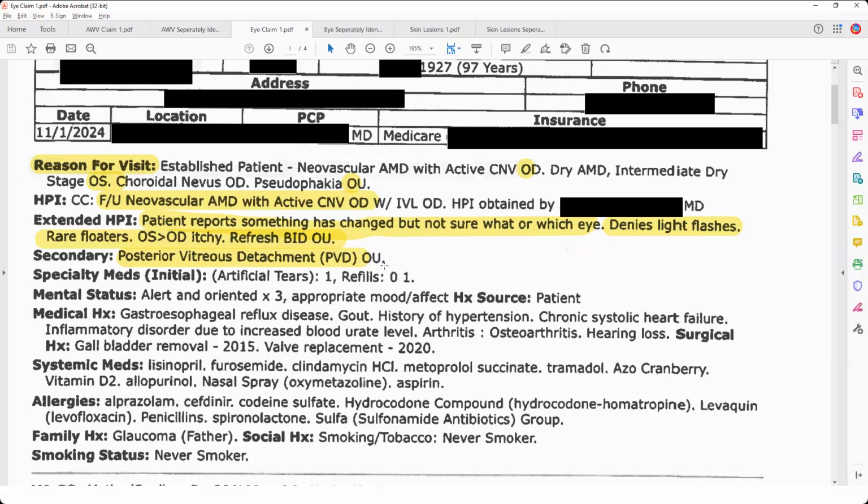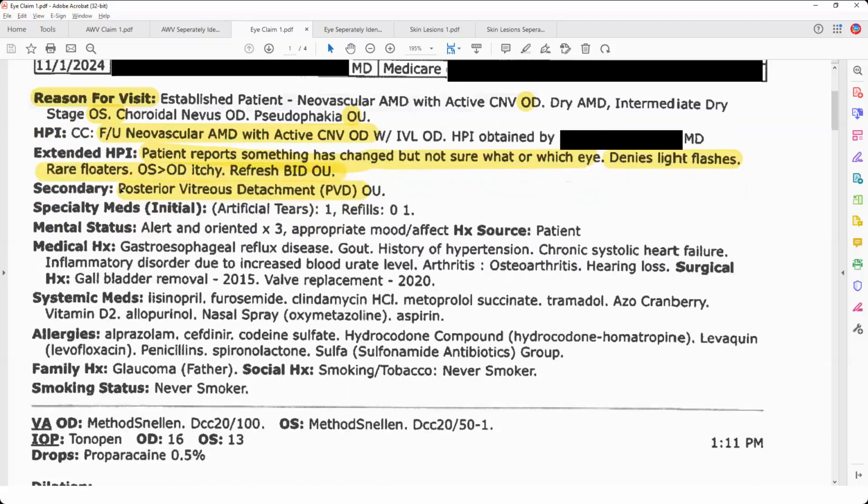They deny flashes, floaters, the left eye is greater than the right, an itchiness, etc. They have a history of posterior vitreous detachment, or PVD, which is a medical emergency if that happens to occur. So when something is reported and a patient is not sure what's going on with their vision, and especially when they have a history of detachment, that warrants additional testing.